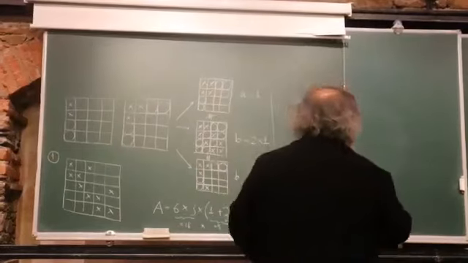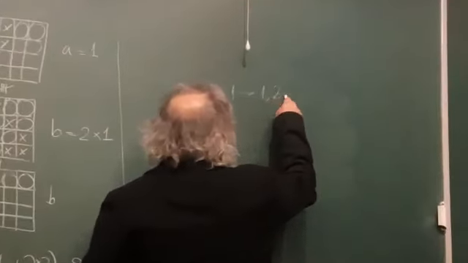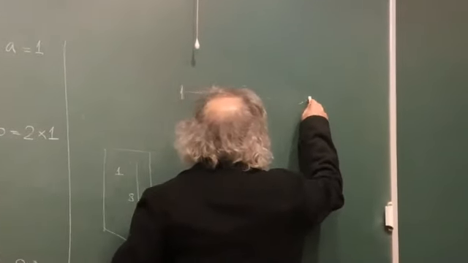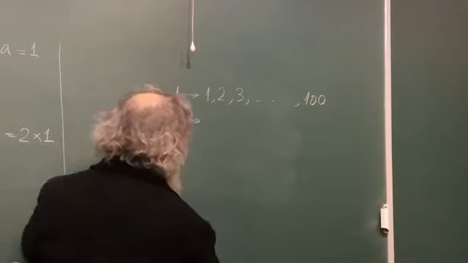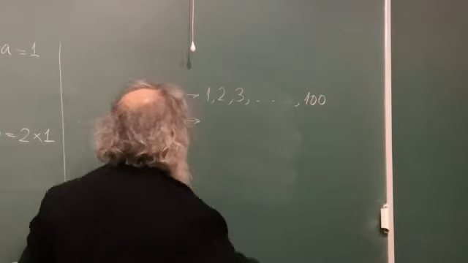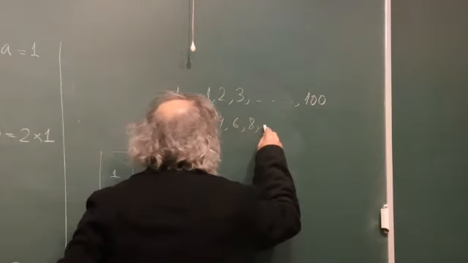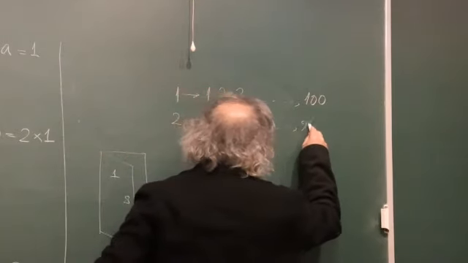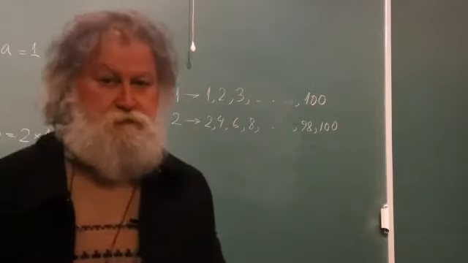The first one opens all of them. Now they're all opened. The second one closes 2, 4, 6, 8, 10, and so on, and 100 also, 98 and 100, the even ones, the ones divisible by 2.